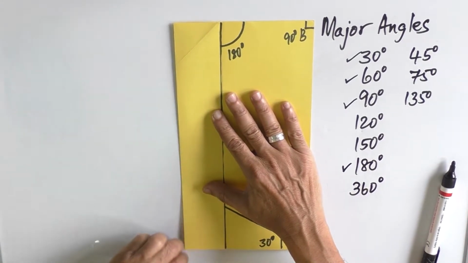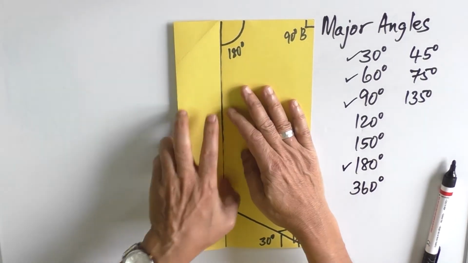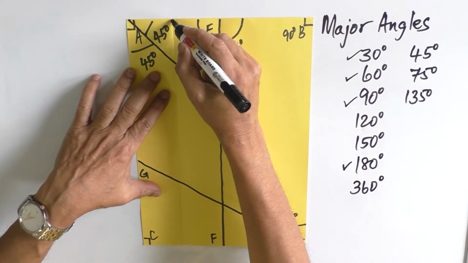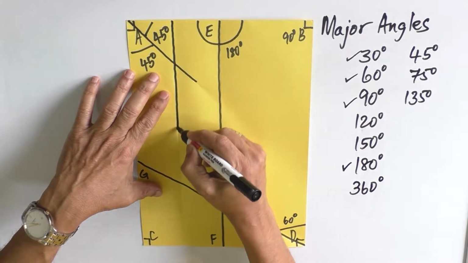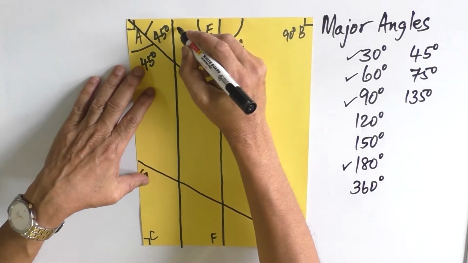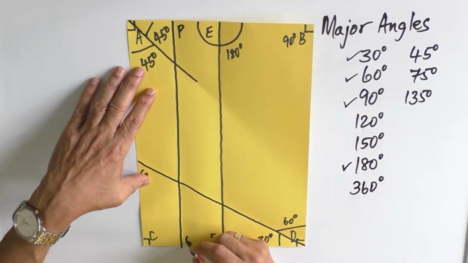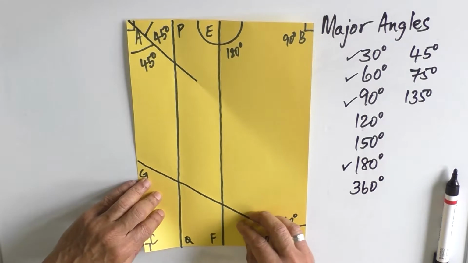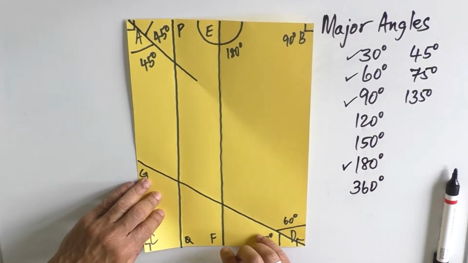Right. Now let us draw a line and call this PQ. Right, now we have to take F as the reference point.